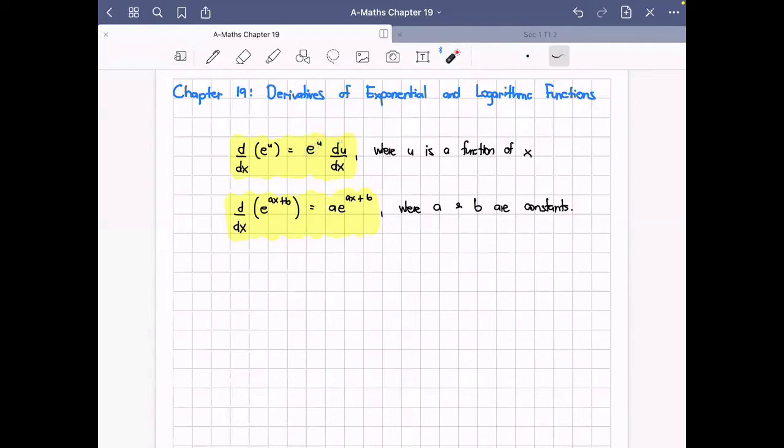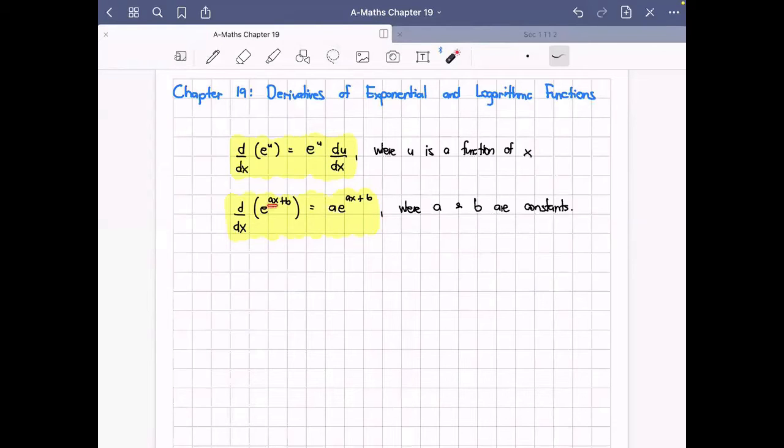And then for the next one, e raised to ax plus b, it is just the same thing. So the coefficient a here, if you remember your sign, is multiplied with the identity. Same goes here.